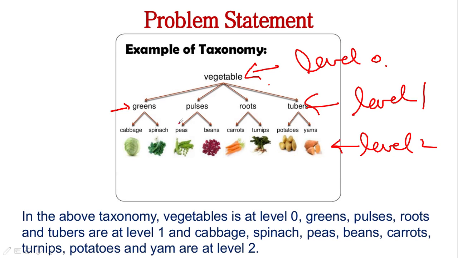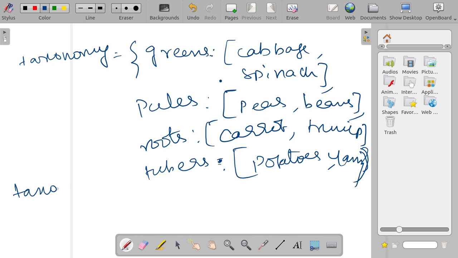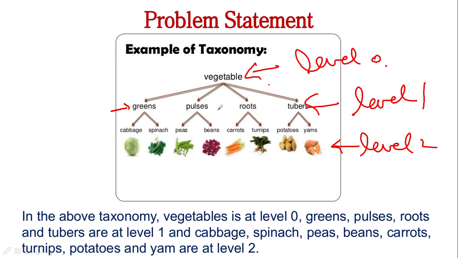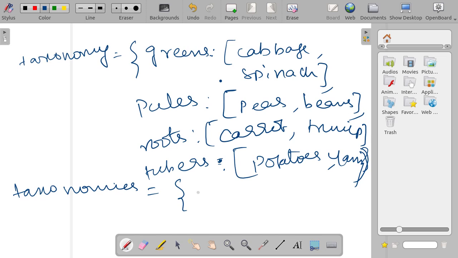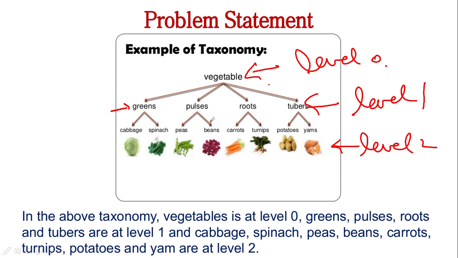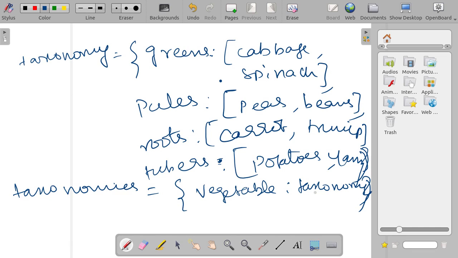And how I will represent it as a whole is, I am going to have another dictionary called taxonomies, in which this particular level 0 element will be the key. So I will say vegetable colon taxonomy, right? So the level 0 element is going to be the key in the overall dictionary representing all the taxonomies, and the value will be the dictionary representing the level 1 and level 2 elements of that particular taxonomy.